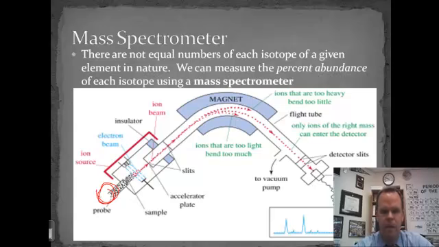Lighter ions bend more, heavier ions bend less, and the ions that bend the right amount hit the detector. You change the magnetic field, and you can tell how much of each mass isotope is hitting the detector. And from that way, we can find the percent abundance of each isotope. If they were equal, it'd be 50%, but in most cases, there are multiple isotopes with different percentages.